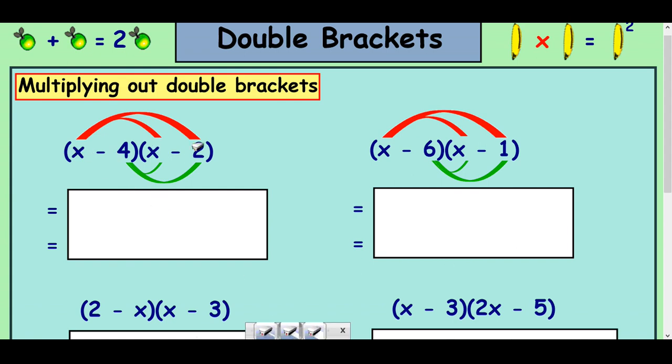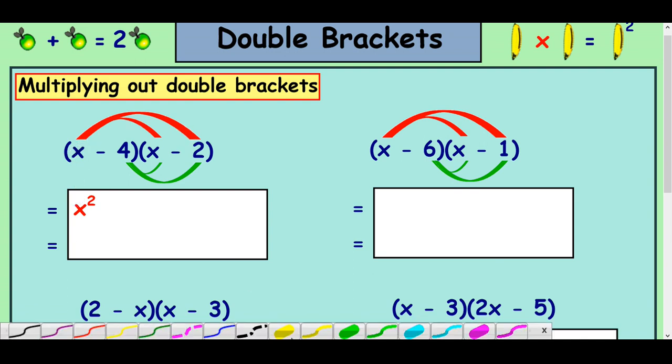You're still going to multiply everything in this bracket by the x, and then everything in this bracket by the 4, but this time it's going to be a negative 4. You've got to treat this as a negative 4 instead of a positive 4. But let's start off with multiplying through by the x. So x times x, that's just positive x times positive x, so that's going to give us x squared. This time we're doing x times negative 2.